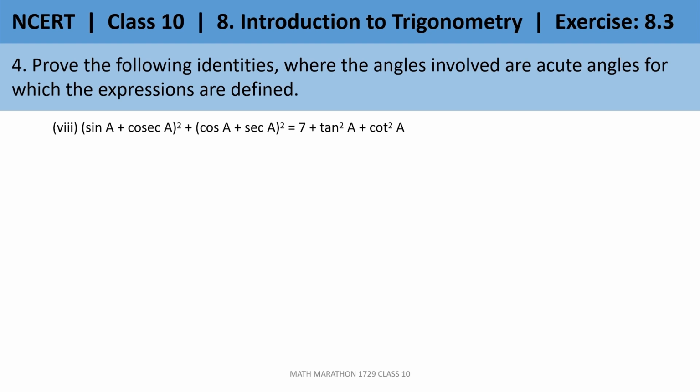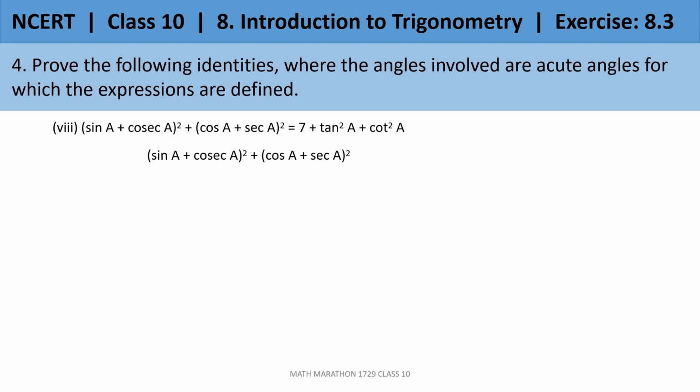Prove the following identity. Section 8. Sin A plus cosecant A whole square plus cos A plus secant A whole square is equal to 7 plus tan square A plus cot square A. Let us start with the left-hand side. Sin A plus cosecant A whole square plus cos A plus secant A whole square.